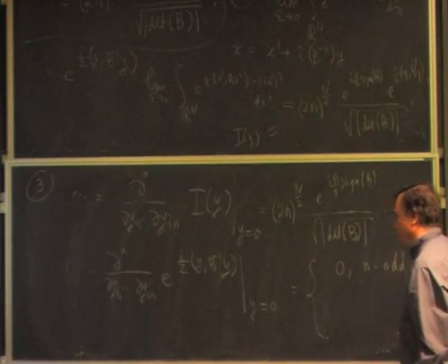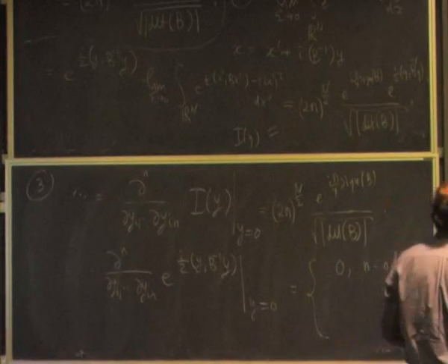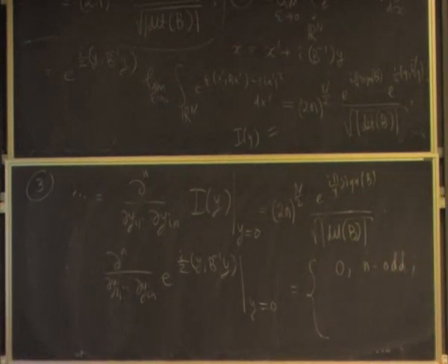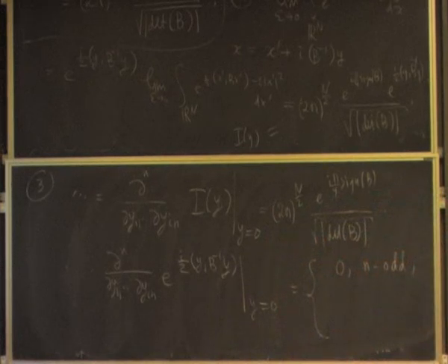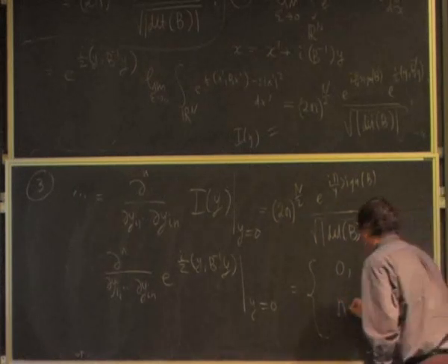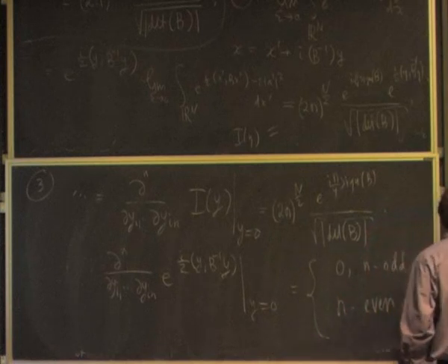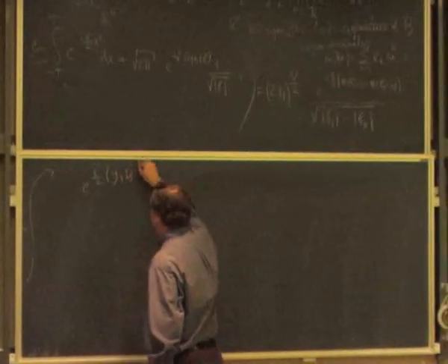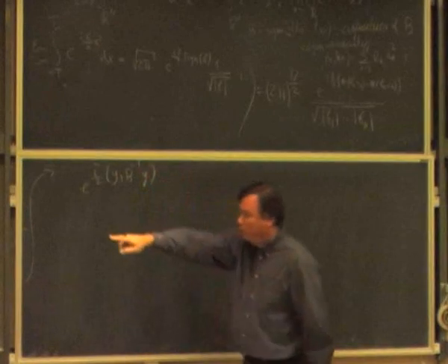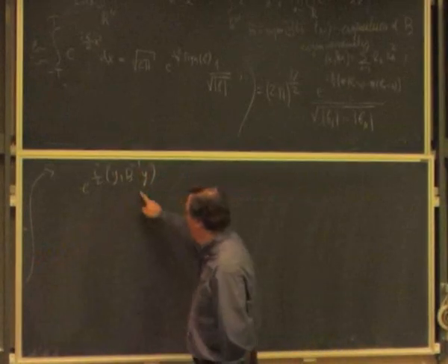well, let's see what it will be. We just have to find the monomial in y_i1, ..., y_in in this expression.